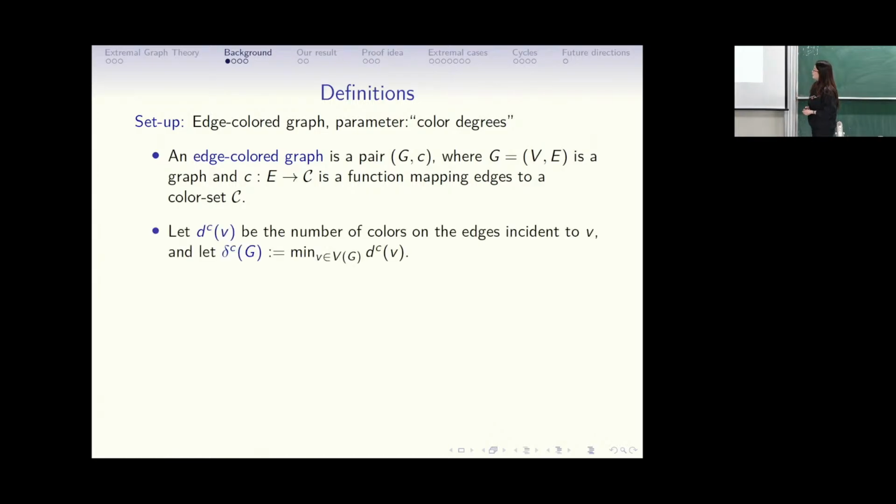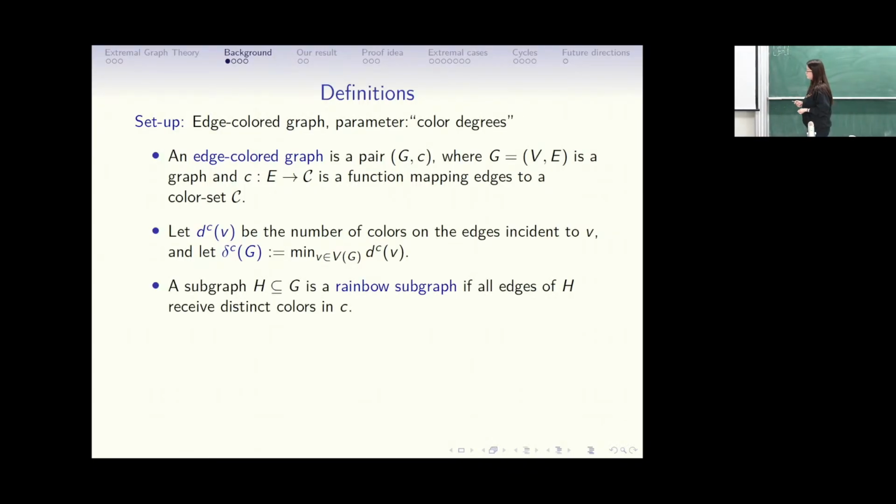And we use d_C(v) to denote the number of colors on the edges incident to v. In other words, v sees all the colors on the incident edges, then d_C(v) is the number of colors v sees. And we use delta_C to denote the minimum among all the color degrees in the graph. And we say a subgraph is a rainbow subgraph if all the edges receive distinct colors. Okay, so for example, this is a rainbow set of chalks.